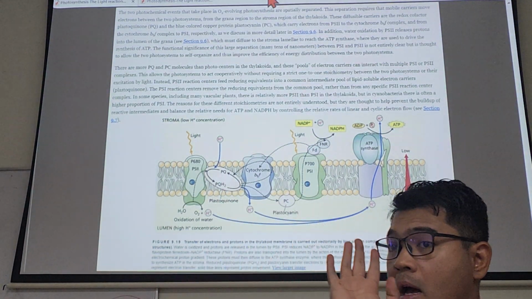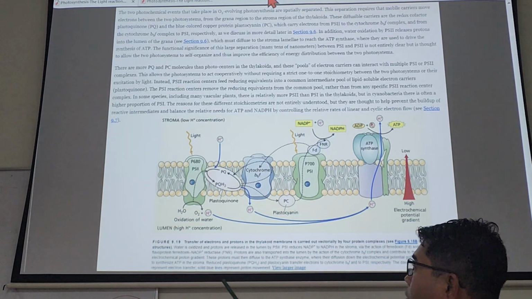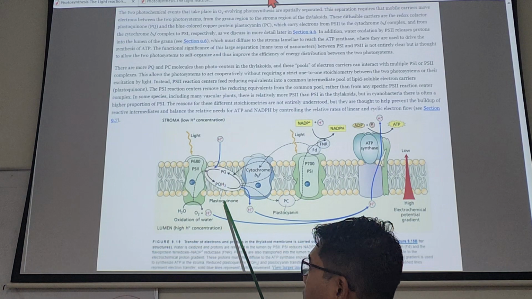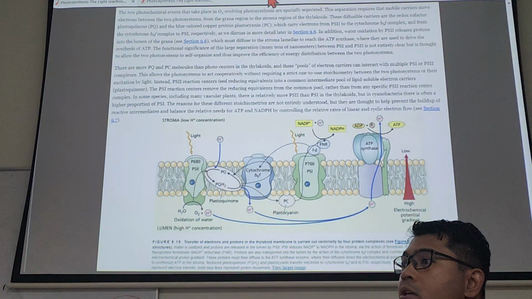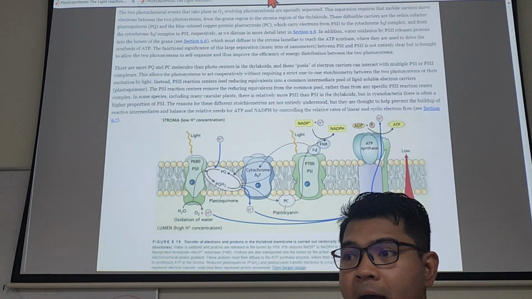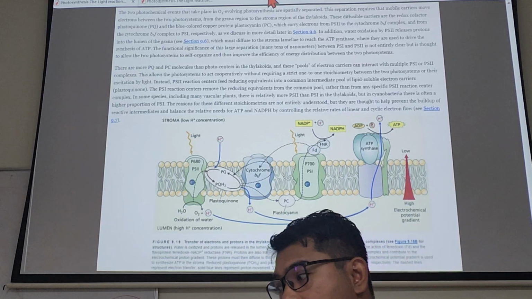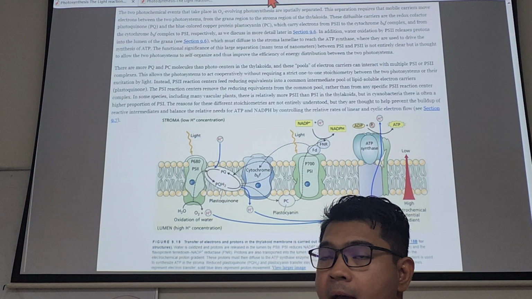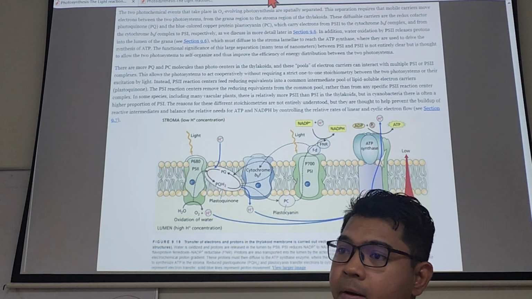Okay. However, when a compound, for example, like PQ here, which stands for plastoquinone, not only accepts, but actually moves and transfers the electron to somebody else, we call that an electron carrier.